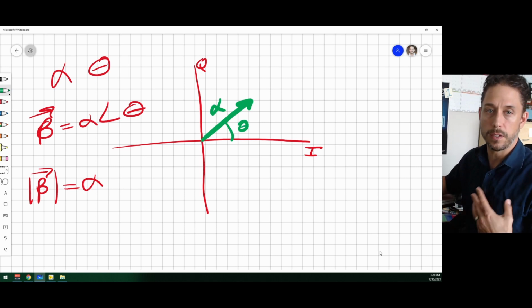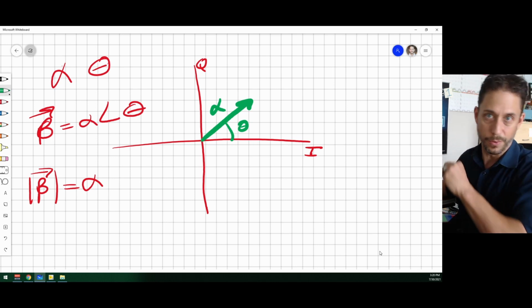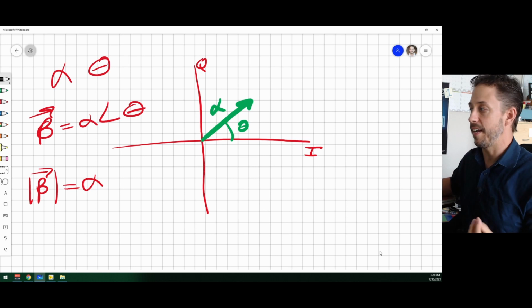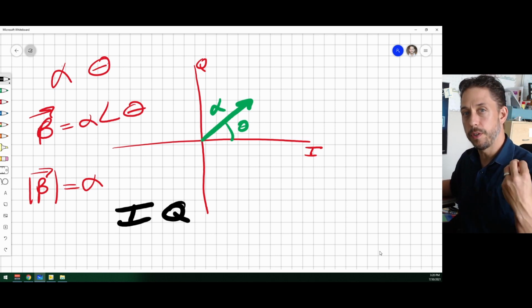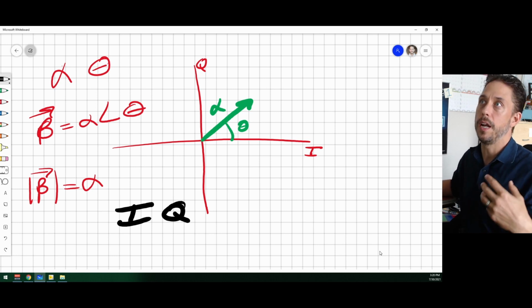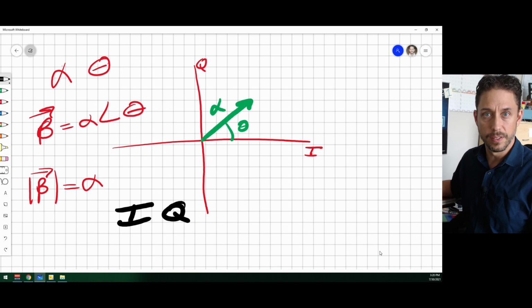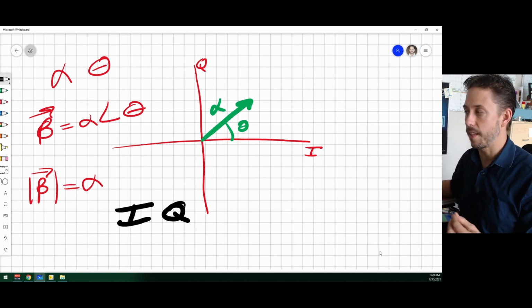Now, the reason that I want to talk about I and Q in this manner is I want to melt your brain if you are hooked on thinking in terms of I and Q. Because if you constantly think about your I and Q as a representation of your carrier signal, it's going to be a lot harder to understand a lot of things.